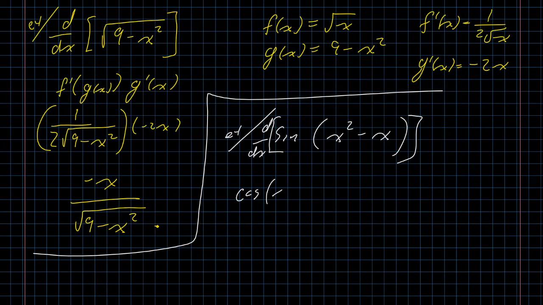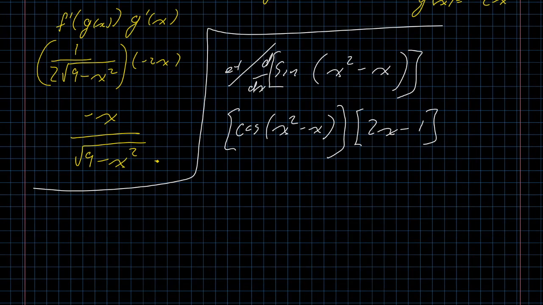evaluate it at the same point, and then multiply this thing by the derivative. The derivative of x squared minus x is 2x minus 1, just using the power rule. It's kind of weird to write it in this order, so we'll generally put the polynomial first.